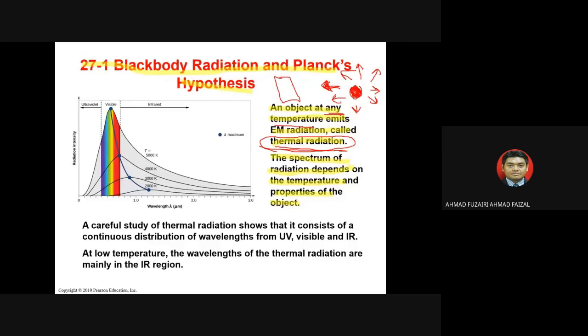If you plot the radiation versus the wavelength, you get this spectrum. The spectrum of radiation depends on temperature and also the properties of the object. For example, in this graph the temperature is 5000 Kelvin.